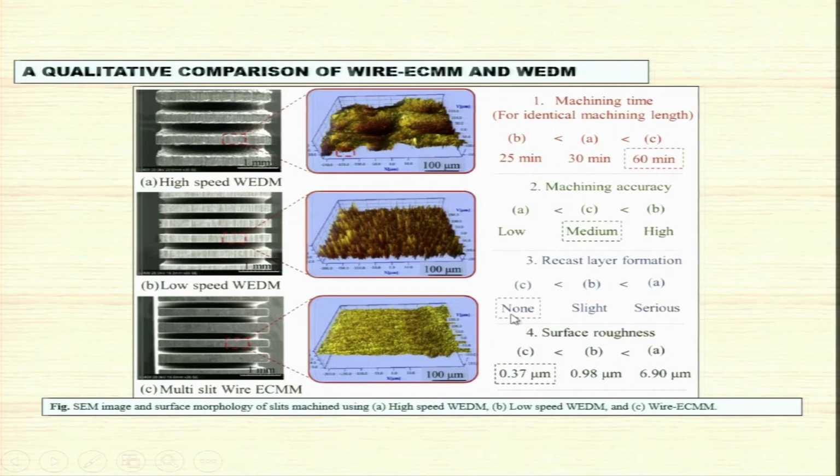Recast layer, it is none in case of ECMM process, because there is no heat generation, no recast layer, but slight in case of low speed wire EDM and serious in case of high speed wire EDM. Same way surface roughness, it is quite good in ECMM process, 0.37 micrometer, slightly poorer in case of low speed wire EDM and very poor in case of high speed wire EDM.